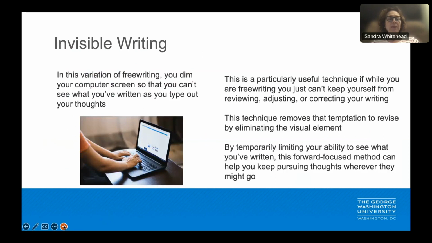Invisible writing is something else that I do whenever I feel stuck. It's a variation of free writing, and because I'm a touch typist, I will stare off into space and type. I'm not thinking about what I'm typing, just what comes to mind.